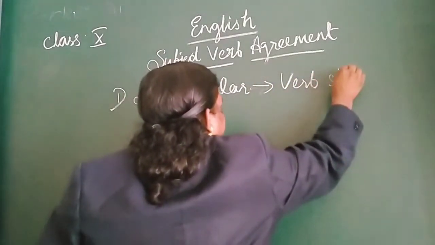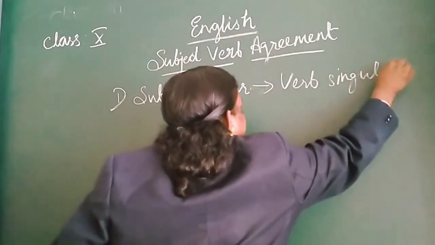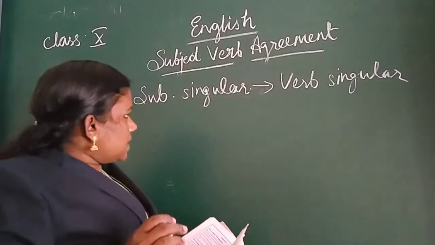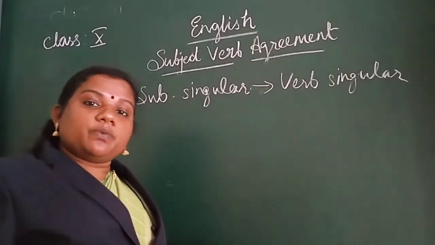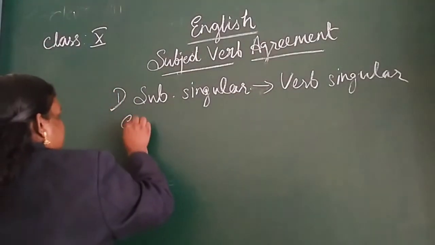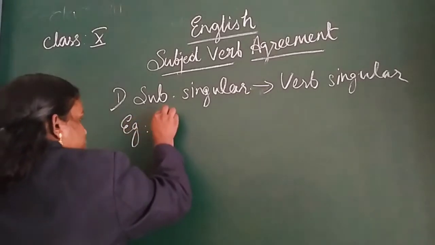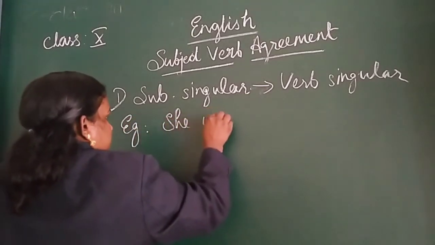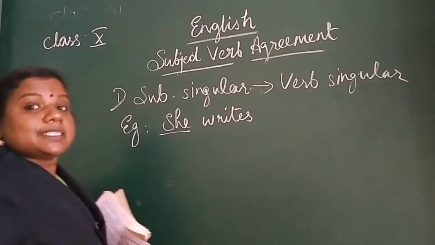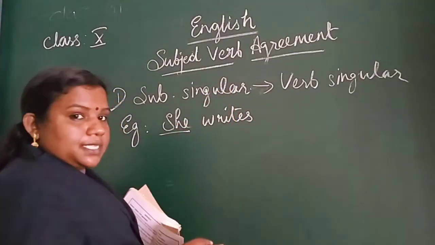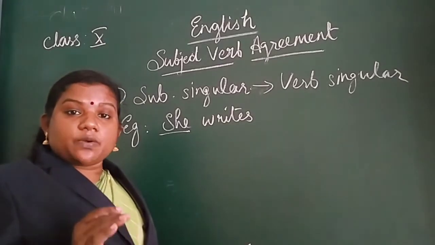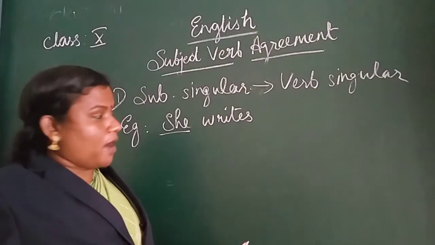For example, she writes. Here, she is a singular form. Writes, when we add s or es with the verb, it is a singular form.